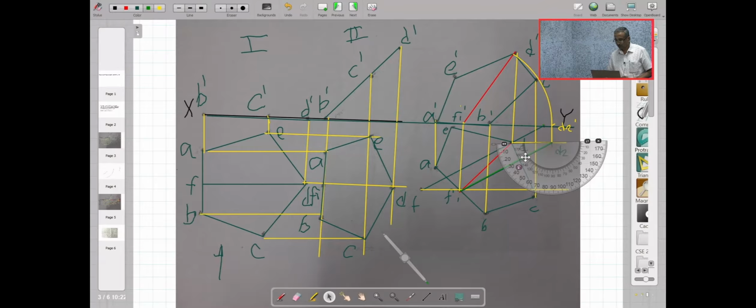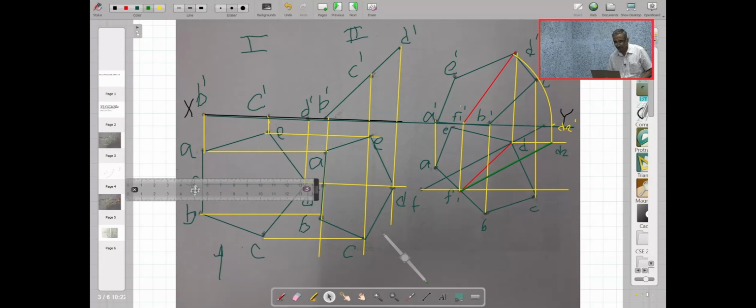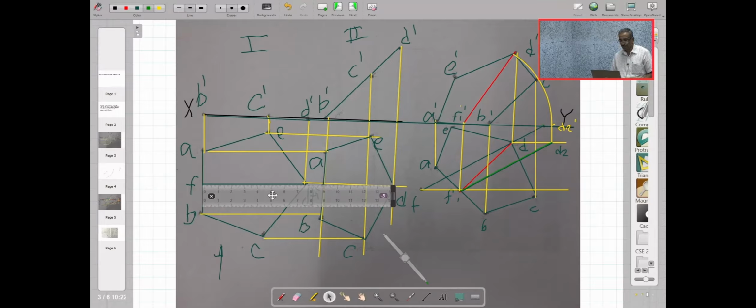And to cross check whether this F1 D2 is true length or not, let me again use a scale. So I can move the scale. Let me measure the true length of FD. It's around 75 mm.